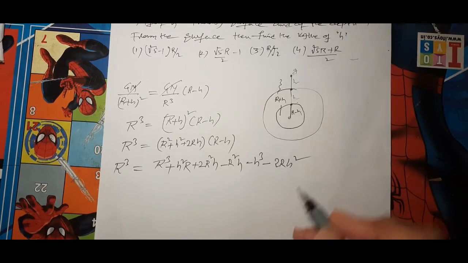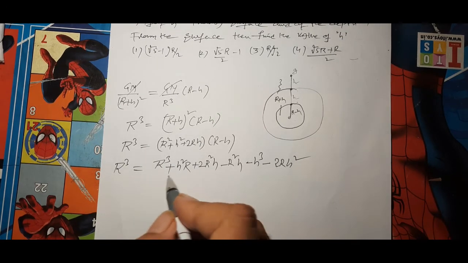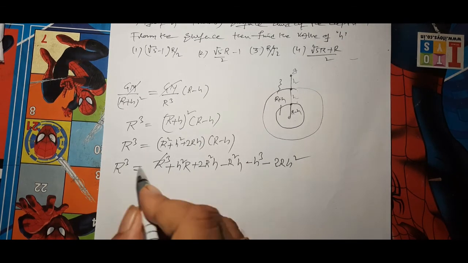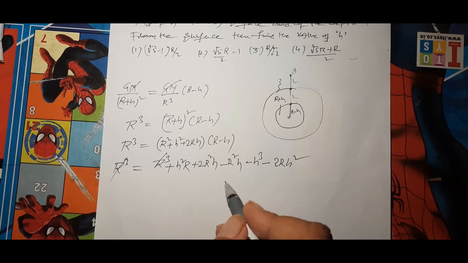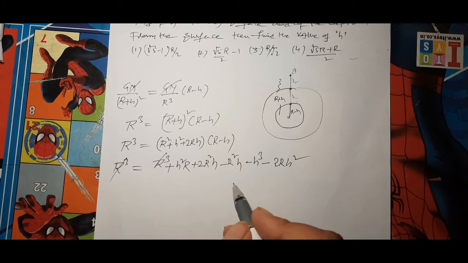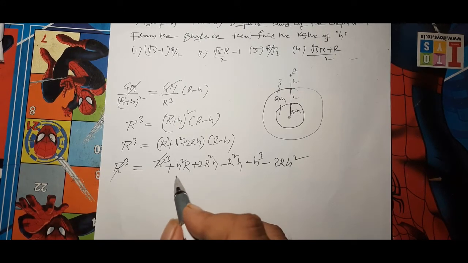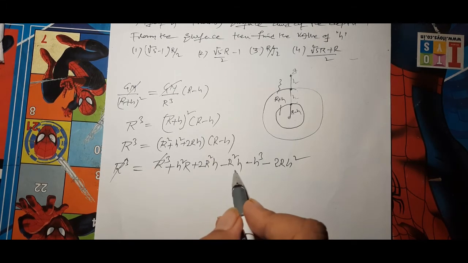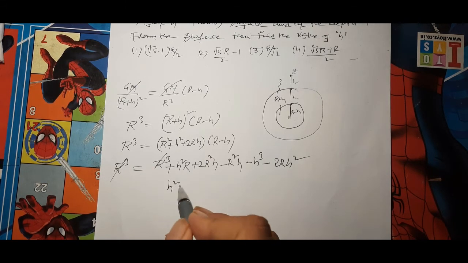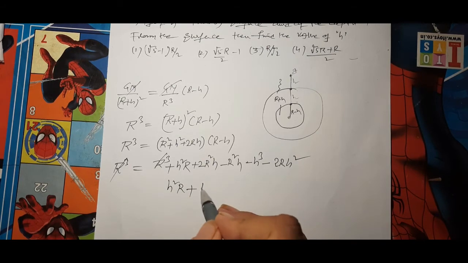Right. Here both sides r cube cancel, and here 2r square h, h square r, 2r square h minus r square h, h square r plus r square h.